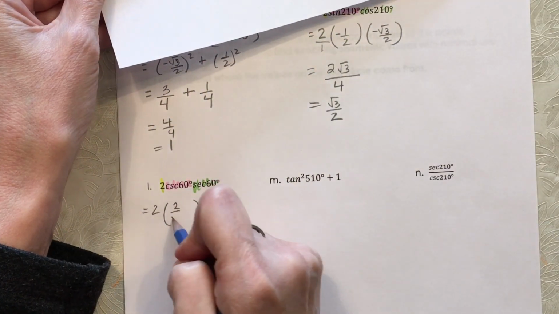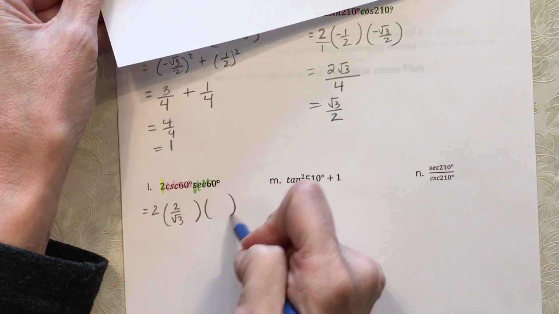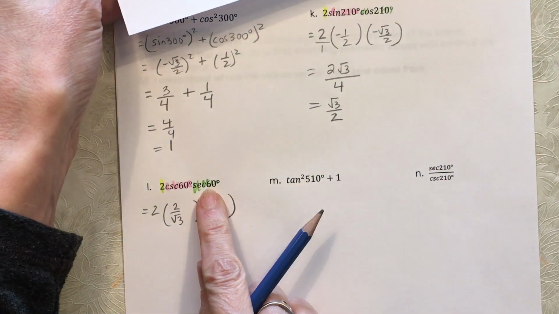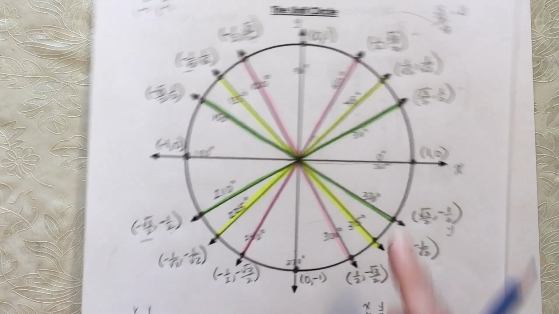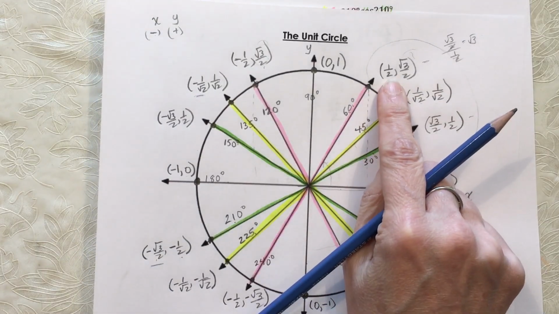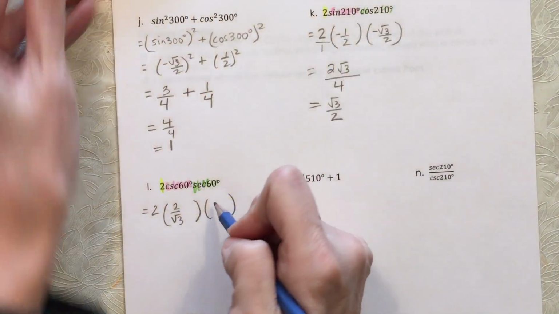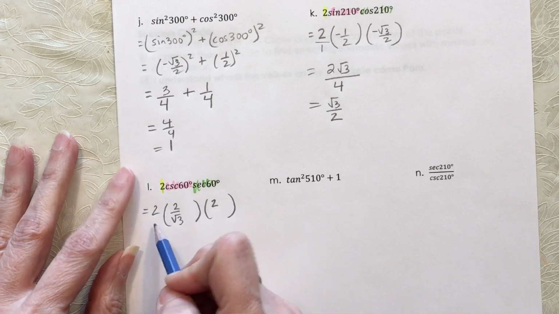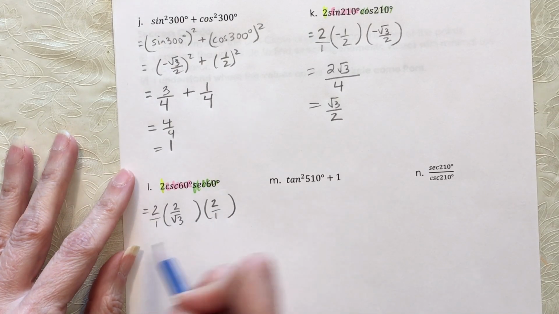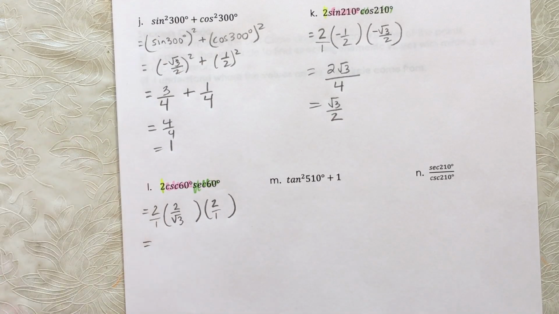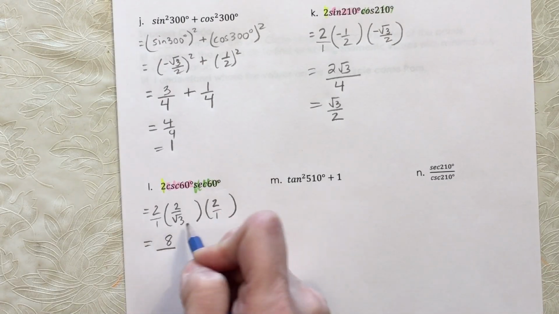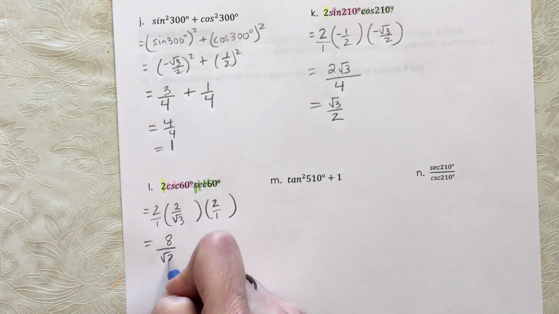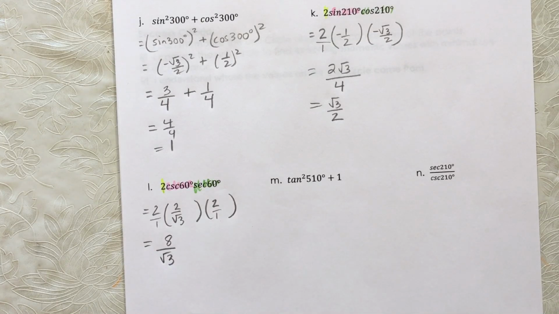So it's going to be 2/√3. The secant of 60, secant's related to cos, so it's going to be the x value flipped upside down. So instead of 1/2, it's going to be 2/1, or just 2. But then we want to make them fractions, so we multiply the tops together. 2 times 2 times 2 is 8. 1 times √3 times 1 is √3. That should be our answer, 8/√3.